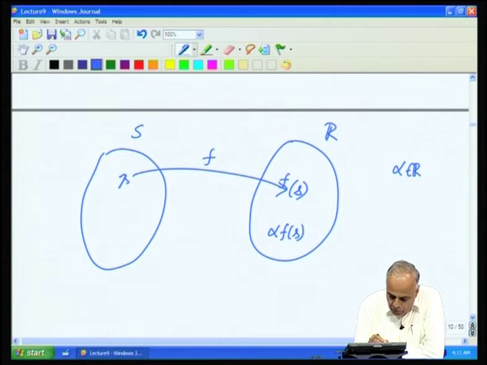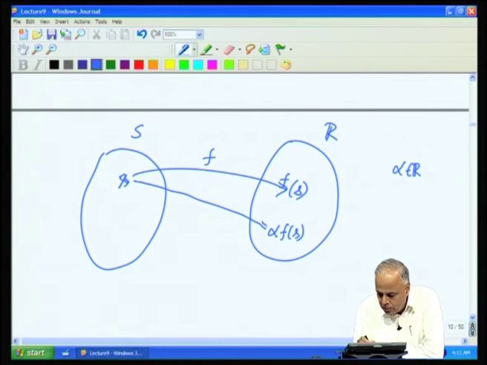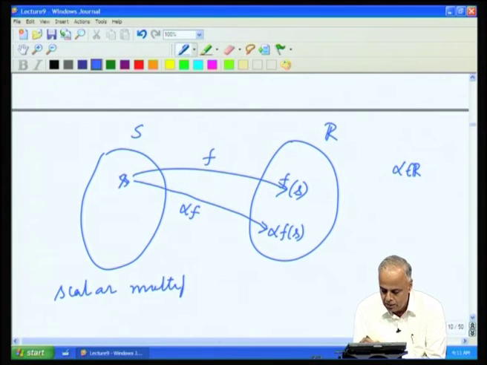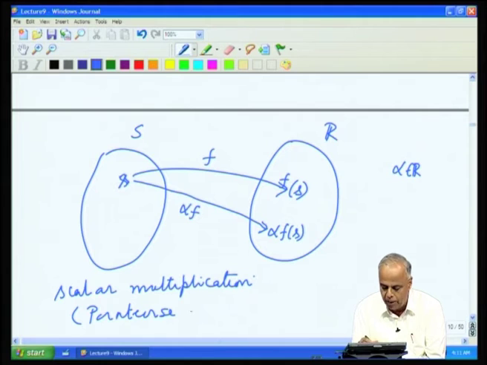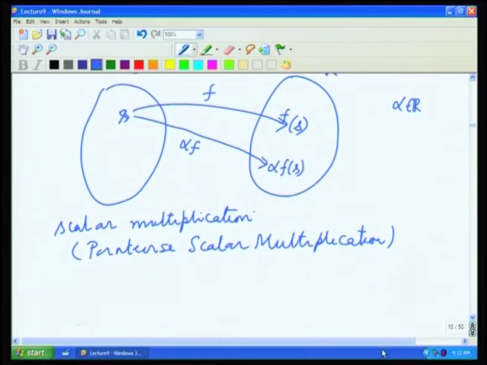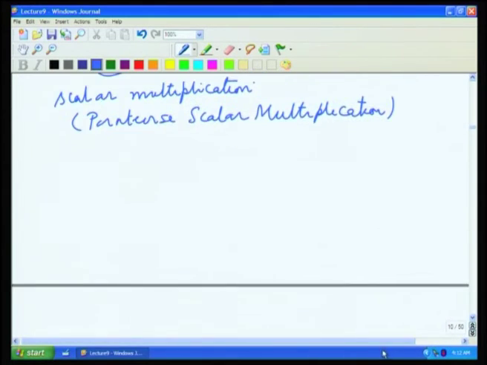Now, we can think of a new function which associates with each s the value alpha times f(s). We call it the function alpha f. This gives us the scalar multiplication of functions. This is again pointwise. So, addition of functions is defined as pointwise addition, and we have pointwise scalar multiplication: at each point the value is multiplied by the scalar. So, now we know how to add functions and how to do scalar multiplication.